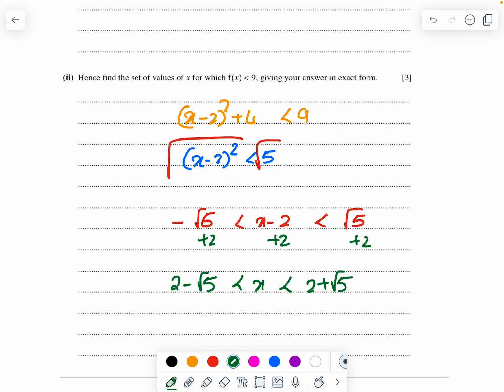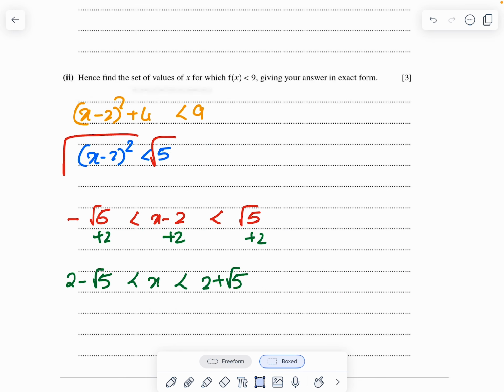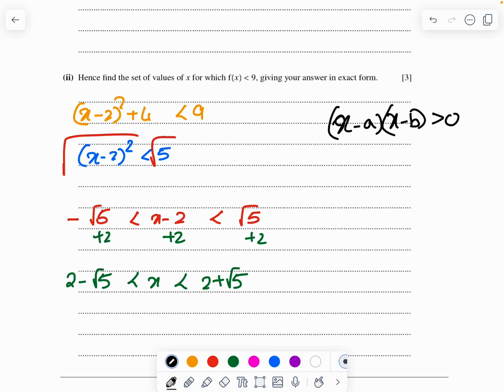So remember, let me write it out over here. If we get x minus a times x minus b is greater than 0, and if the root a is greater than b, then x is greater than a and x is less than b is going to be the answer.